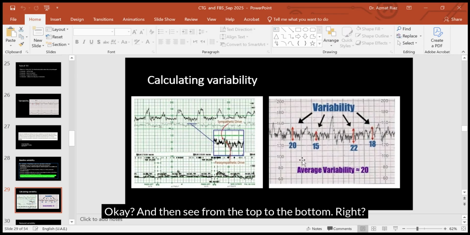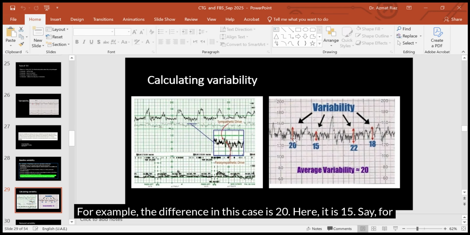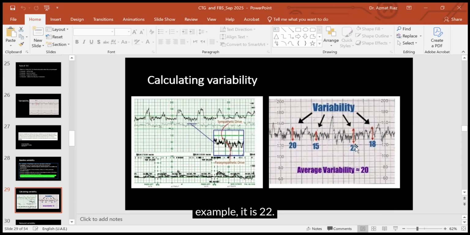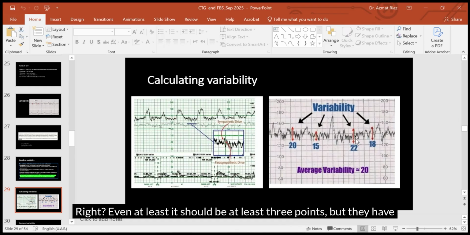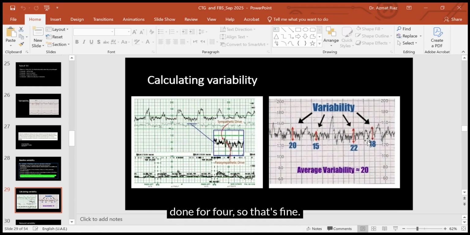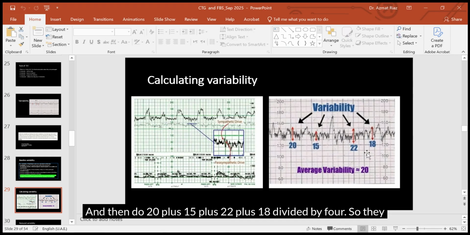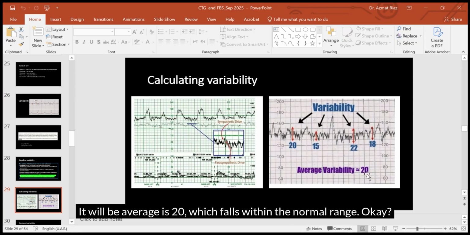Then see the difference from the top to the bottom. For example, the difference in this case is 20. Here it is 15. Say, for example, it is 22, right? It should be at least 3 points, but they have done 4, so that's fine. Then do 20 plus 15 plus 22 plus 18 divided by 4. They have already calculated it: the average is 20, which falls within the normal range.